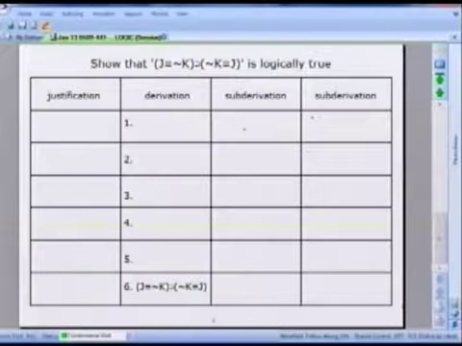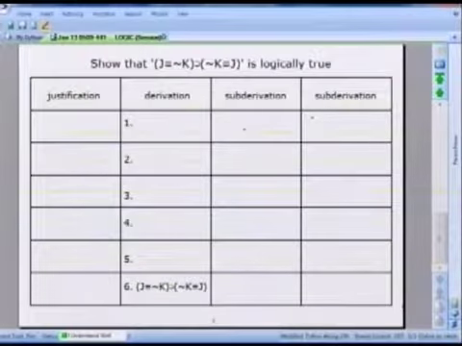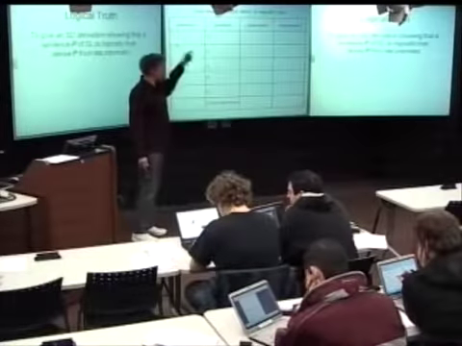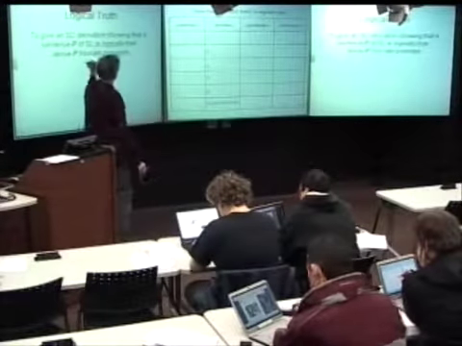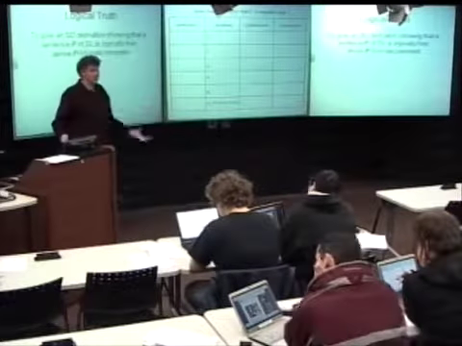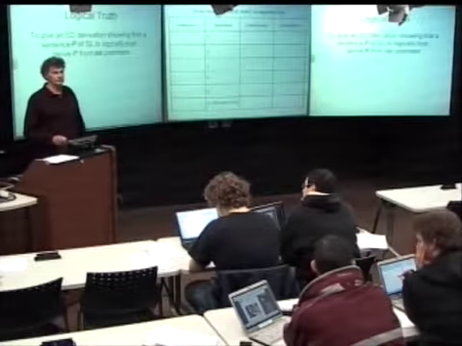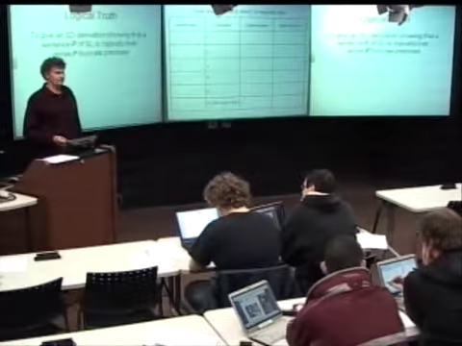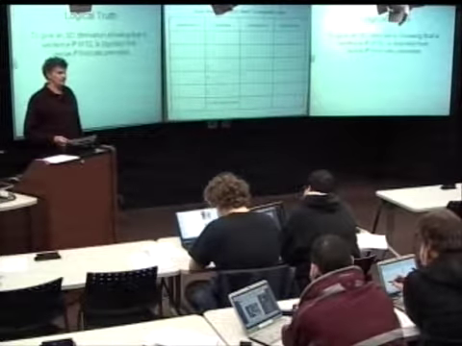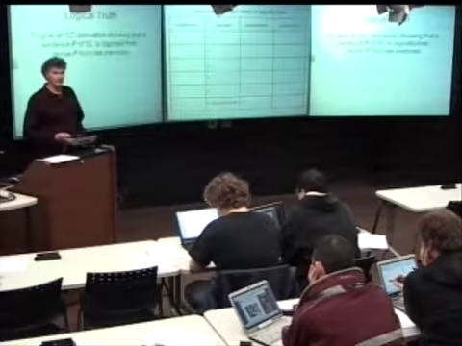This, by the way, is typical of all problems where you're supposed to demonstrate the logical truth of something. You start from no premises. That's what it says here. And that means since you have to start from somewhere, it has to be from an assumption. There isn't another alternative. So, what assumption should we begin with?